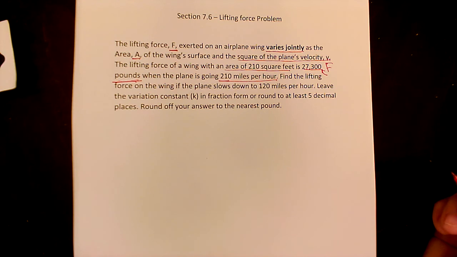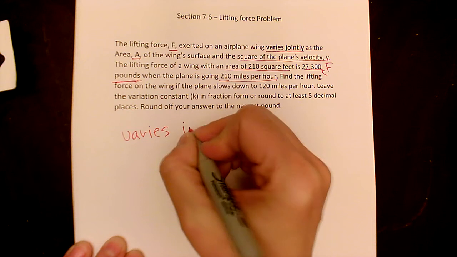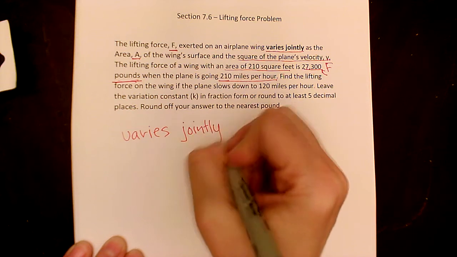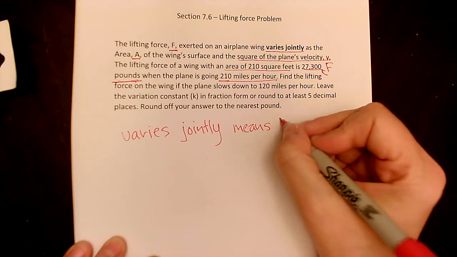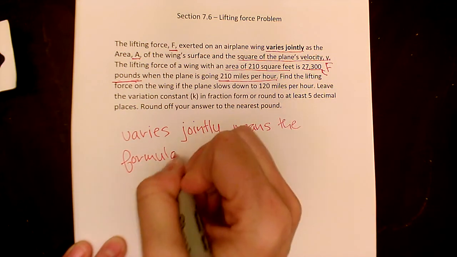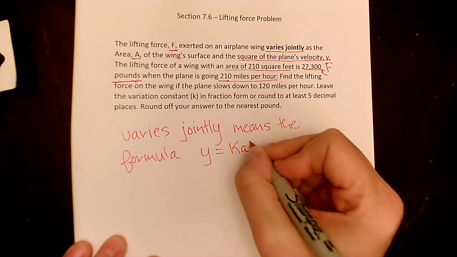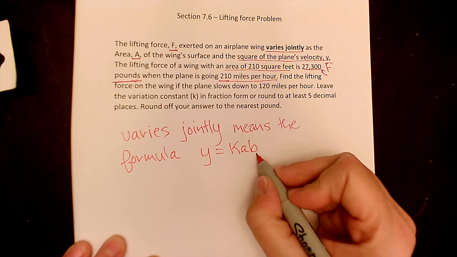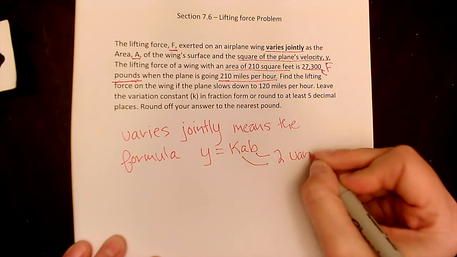Okay, so before we get to the second part, let's set up this formula. We know varies jointly means the formula is going to look something like this. We're going to have our K and two variables.